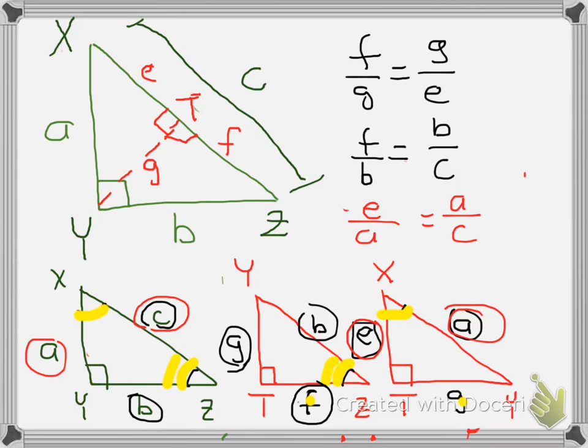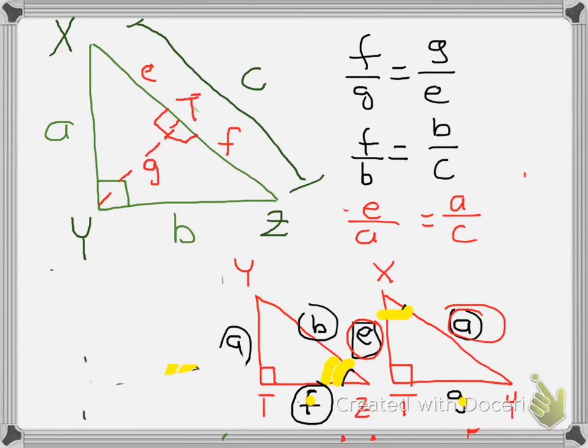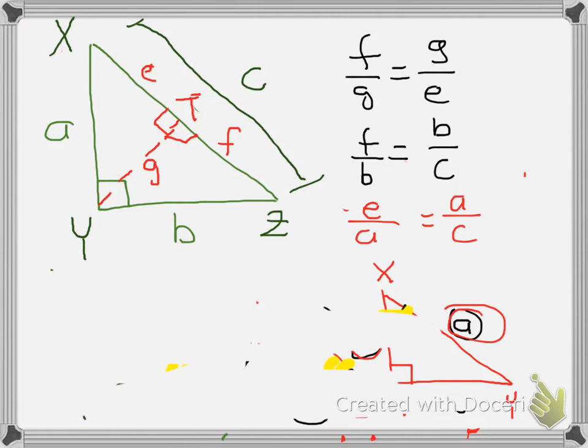Now, I don't need those three triangles at the bottom anymore, so I'm going to get rid of those, but leave the one up top and those three proportions.